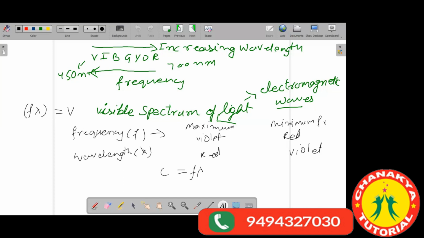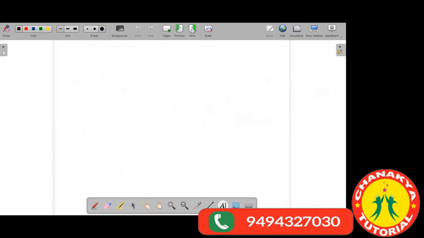Okay. So now can we see any objects without our eye? No. Is it possible to see? No. So these are the only two things which are involved in vision.